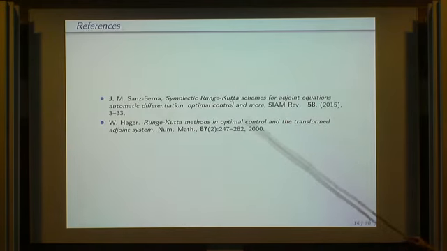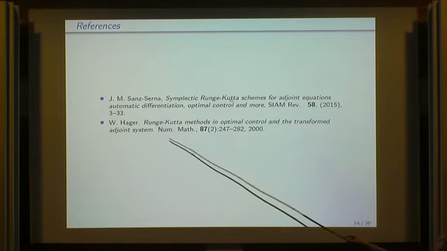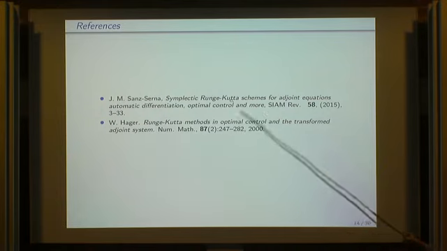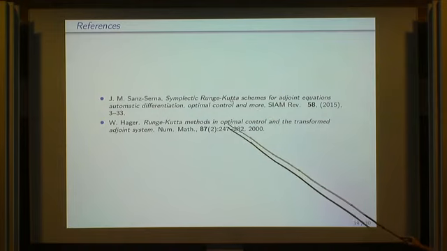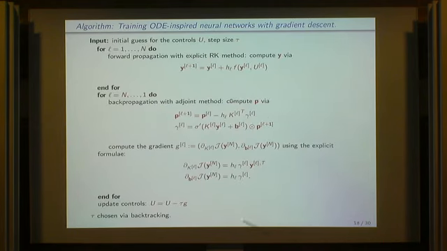Classical literature on this type of problem is due to Hager, and there is a recent review by Sanz-Serna on optimal control problems. Okay, here is the algorithm, the way we implemented it.